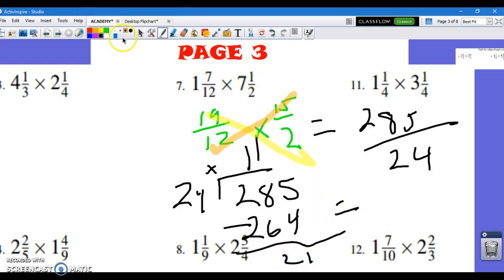I now have my 3 pieces to make a mixed number: 11, 21 over 24. That's the answer for number 7.